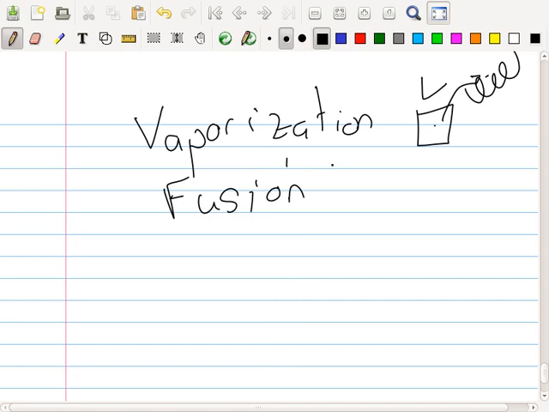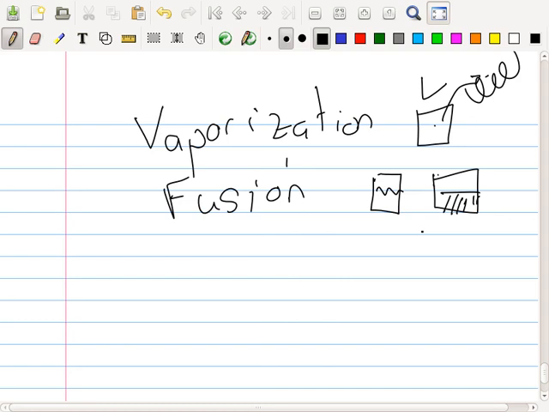Yes, when a liquid freezes, that's fusion, the latent heat of fusion. Fusion means the energy required to change from liquid to solid, and vaporization is the energy required to change from liquid to gas.